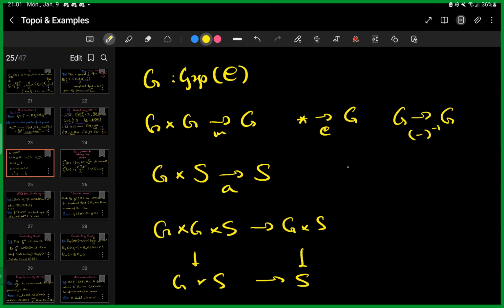So we just have some action in a category. Then, as I said before, we can form a groupoid.